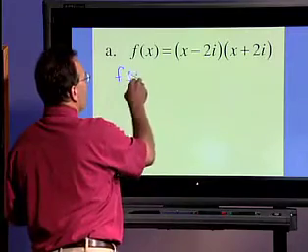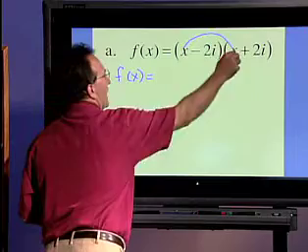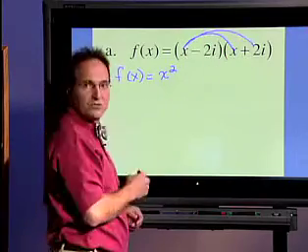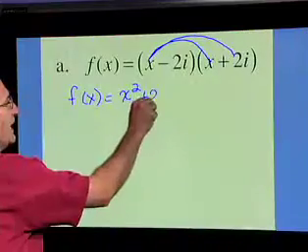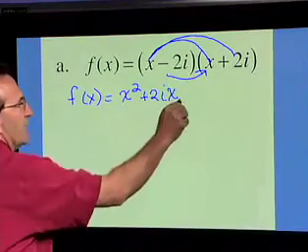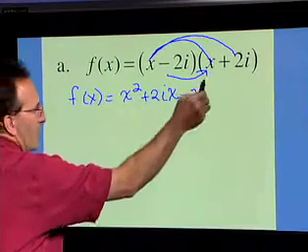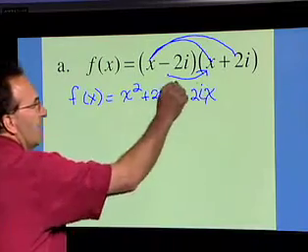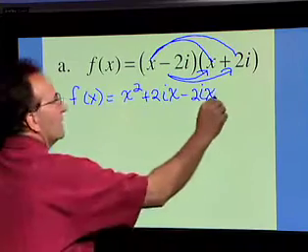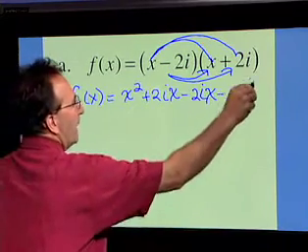So f of x is equal to x times x gives me x squared. x times 2i gives me 2ix. Then minus 2i times x gives me minus 2ix. And then negative 2i times positive 2i is minus 4i squared.